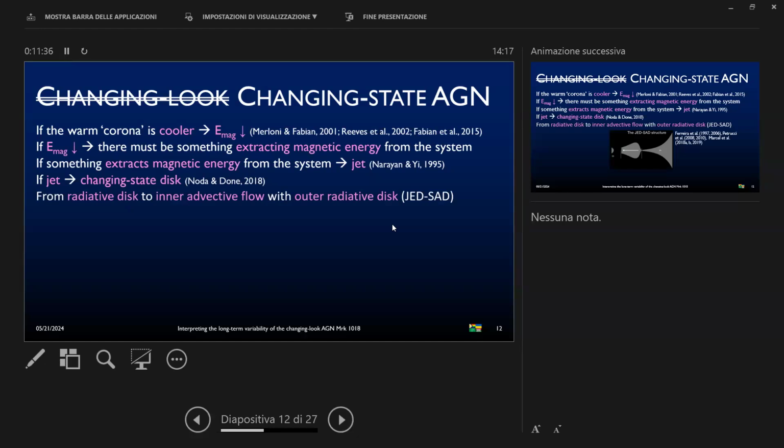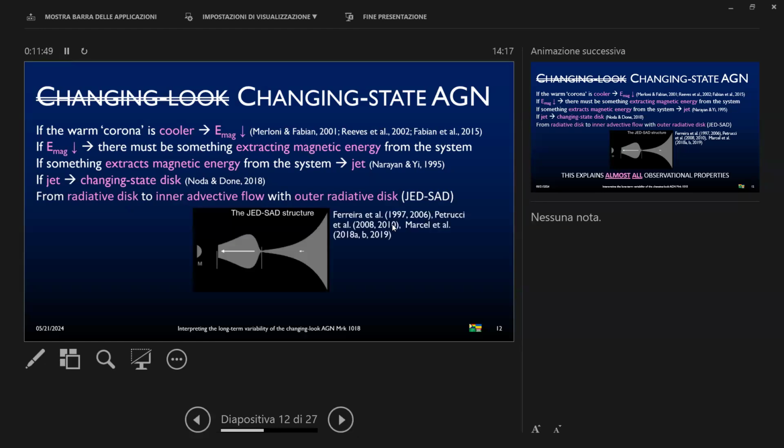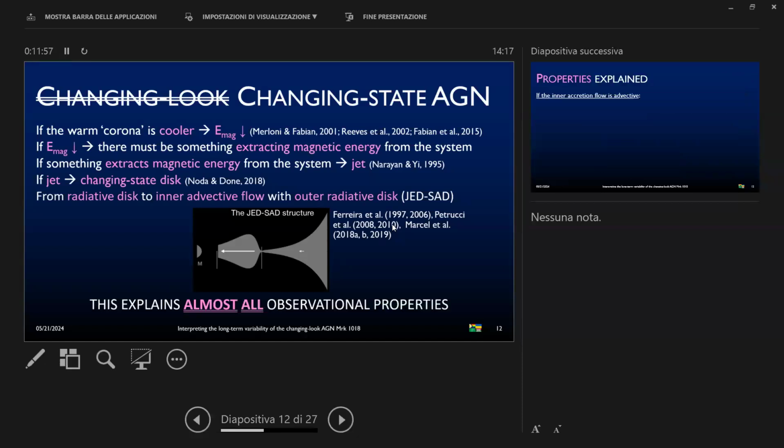So it's a jet emitting disk, standard accretion disk, which is a disk model that has been extensively used to describe X-ray binaries. And we use it for the first time to describe an AGN. The structure is basically this, where we have an outer radiative disk, where the inner part is advective and so creates a jet. And this model basically explains all the observational properties of Mrk alternating.